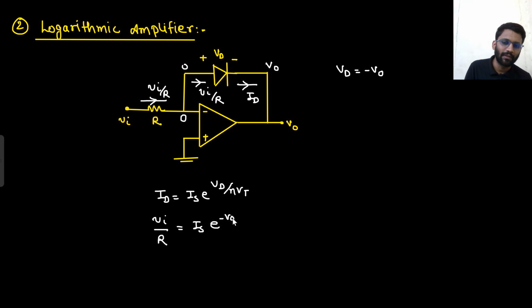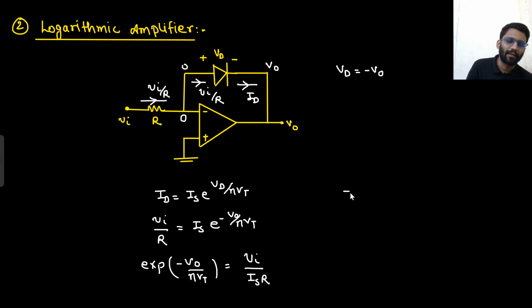Vd is minus V0. So I write it like this: exp of minus V0 upon eta Vt is equal to Vin by Is into R.